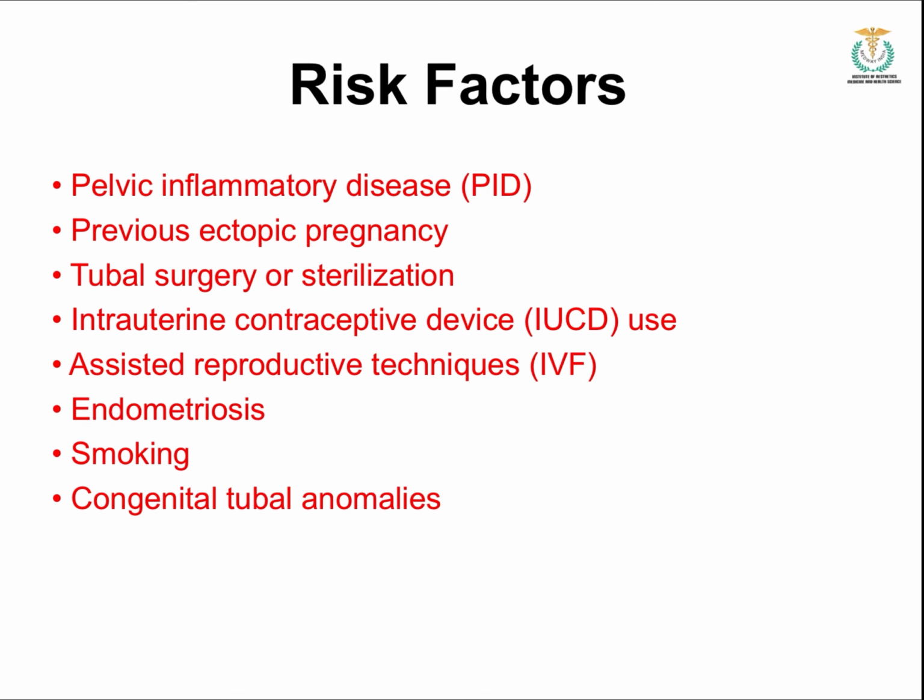In practice, any woman with a history of PID or tubal surgery presenting with pain and a positive pregnancy test should make you suspicious of ectopic pregnancy. That is the important thing. You should always be aware of all the risk factors so that it will be helpful for you to diagnose the condition correctly.